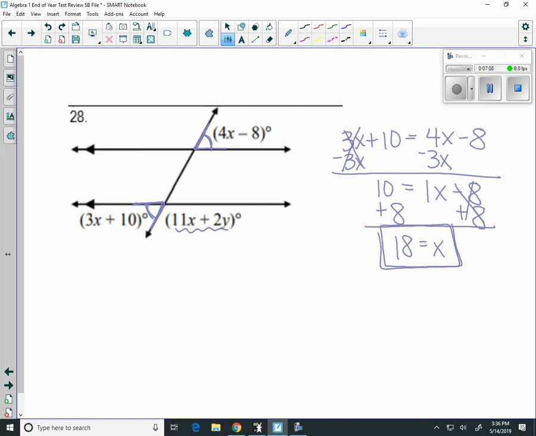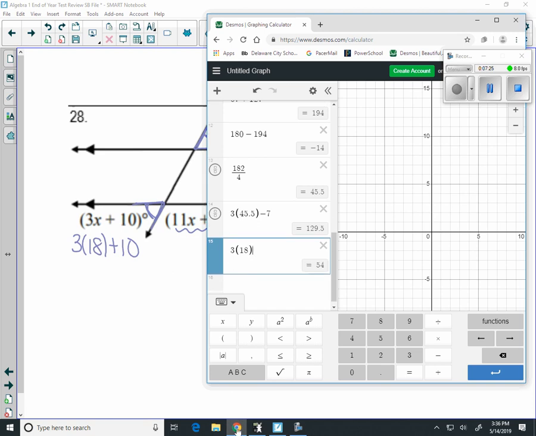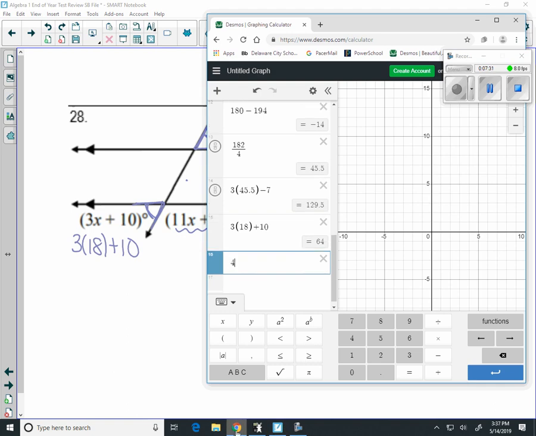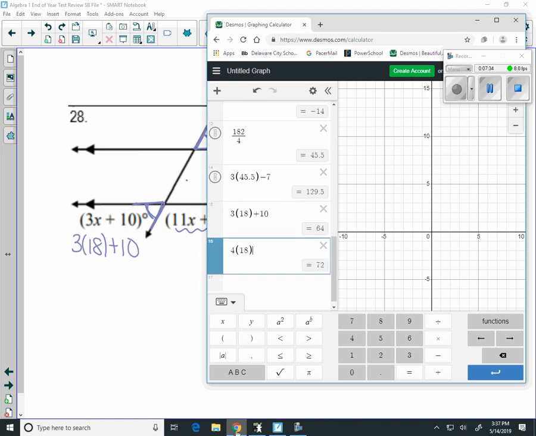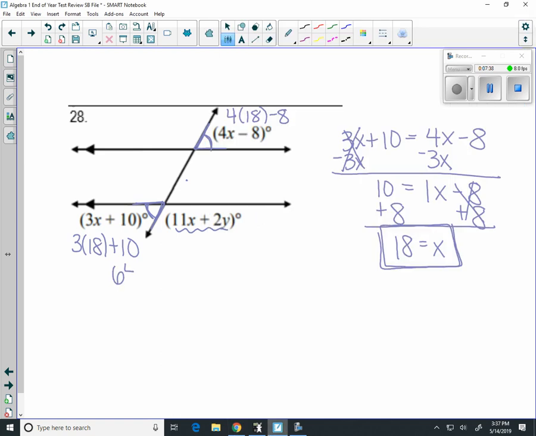So here we can find these angle values now. 3 times 18 plus 10. It should be equal to 4 times 18 minus 8. Let's go ahead and check those out in decimals. 3 times 18 plus 10, 64. 4 times 18 minus 8. Lovely. So those are 64-degree angles.